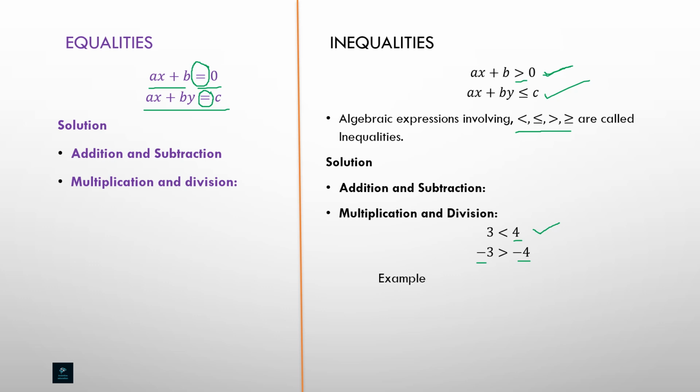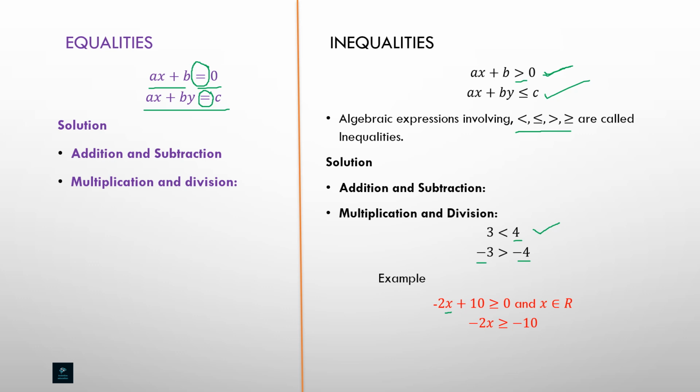For example, we have the inequality -2x plus 10 is greater than or equal to 0, and we want to find the values of x which satisfy this inequality. We subtract 10 from both sides, and we get -2x greater than or equal to -10.